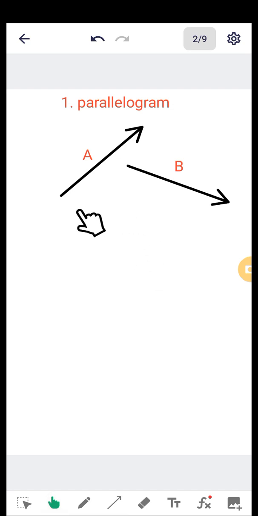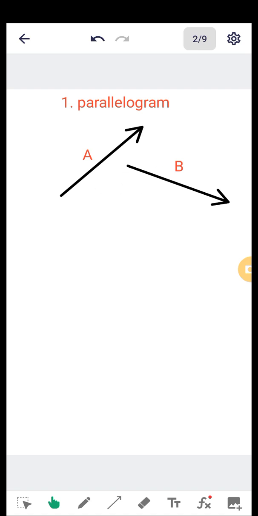If you want to find the resultant of these forces, that's where we go about the parallelogram. The first step which the parallelogram states is that you connect the tails. You connect the tail of this force and this force.